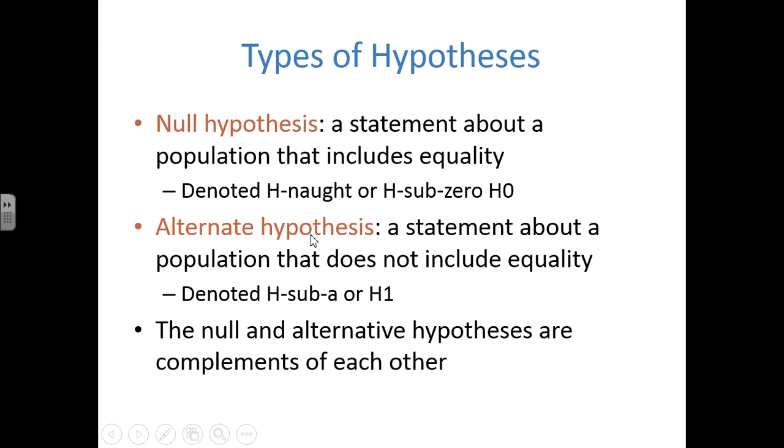The alternate hypothesis is a statement that does not include equality, such as not equal to, less than, or greater than, and it's denoted by an H sub A or an H sub 1. The null and alternative hypotheses are complements of each other, which means a value from the population parameter either will be in one or the other, but cannot be in both.